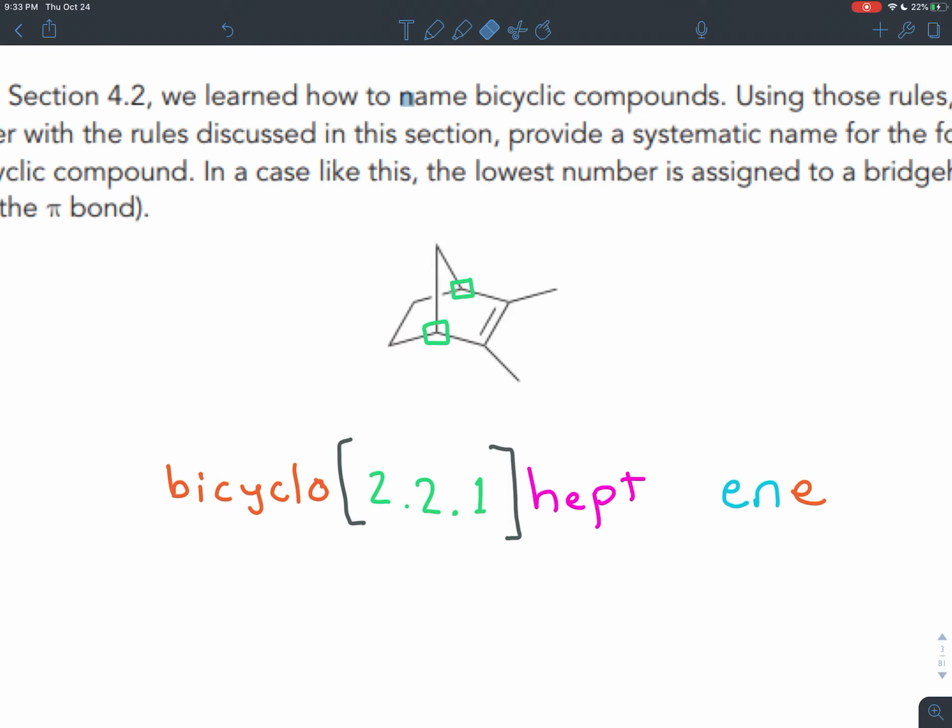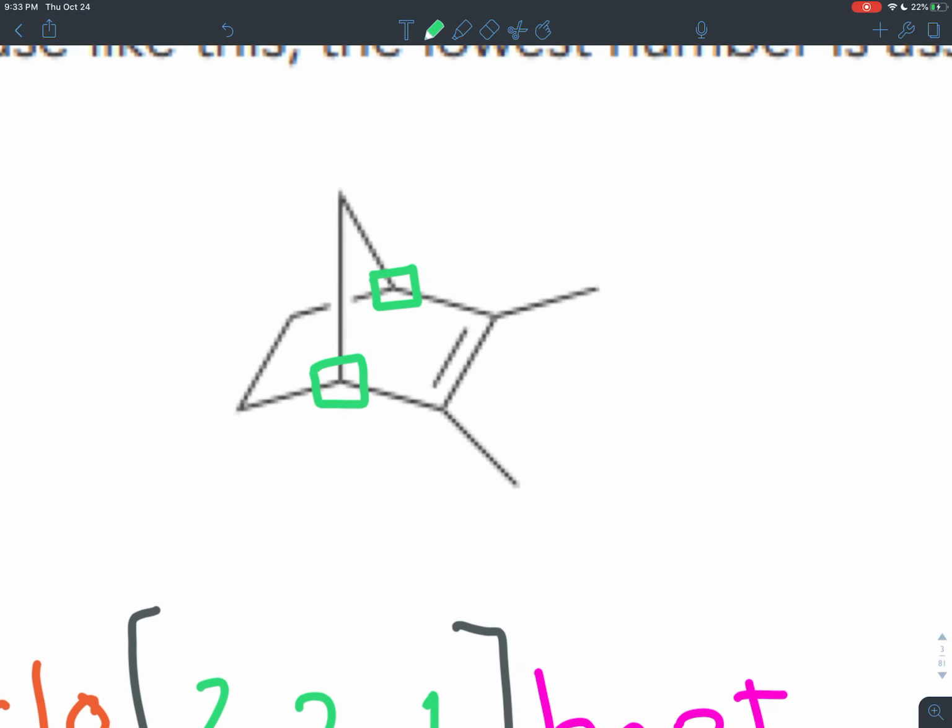Remember that when you number bicyclic rings, you always have to start numbering at one of the bridgehead carbons. So I'm going to start at this one in the back. No matter which one we start at, we hit the double bond at carbon number 2. Now if we kept numbering, we'd have 3, 4, 5, 6, and 7.